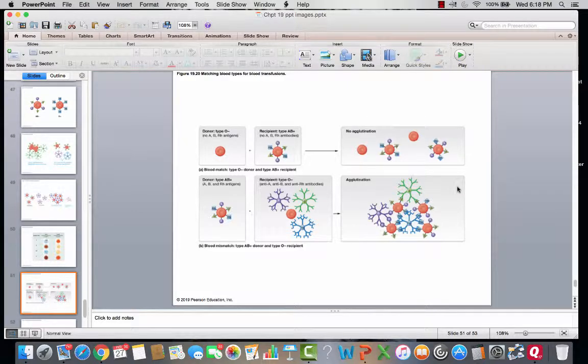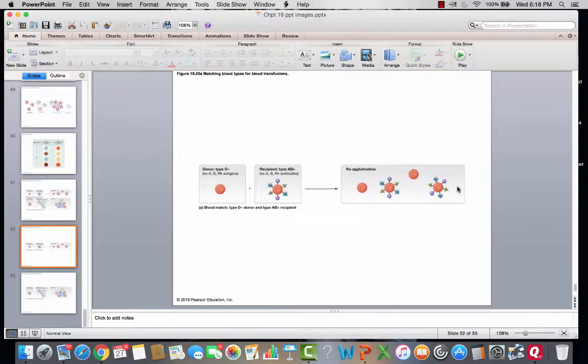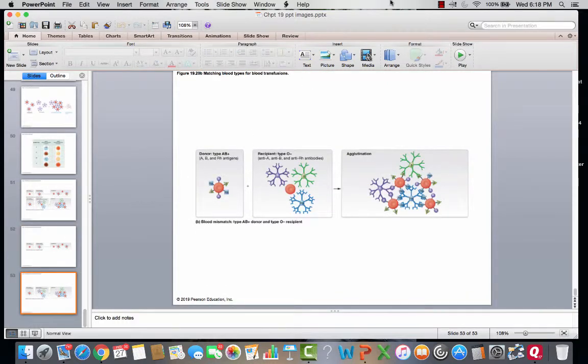Understand antigens and antibodies in transfusion, and understand clotting. I will be composing an email shortly which will give you some hints as to what there will be for essay questions on the exam, which will take place Monday. And then I will also tell you exactly what I want you to know for that clotting cascade. See you later.